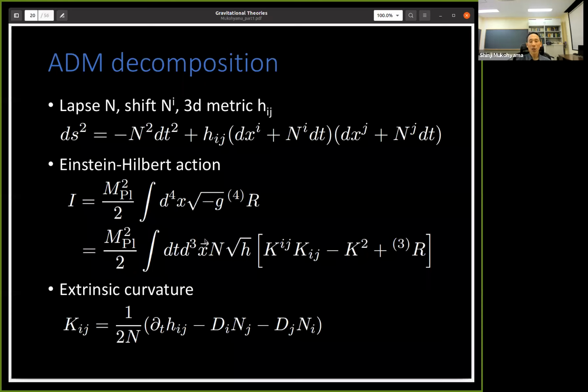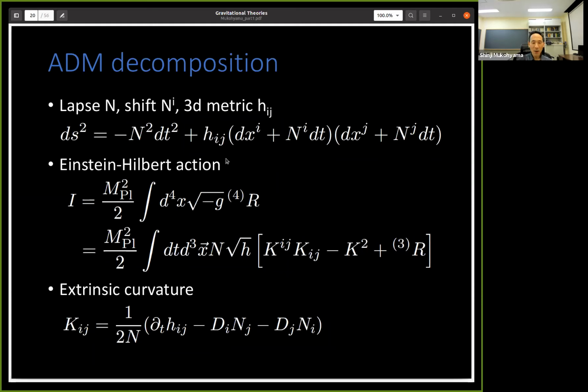The 4D curvature includes a contribution from the 3-dimensional curvature computed from this 3-dimensional metric, and also we have dependence on the time derivative of h_{ij}, because h_{ij} is a dynamical field. So we want to have a kinetic term for h_{ij}.